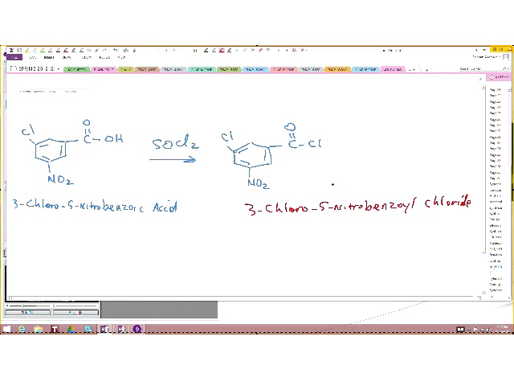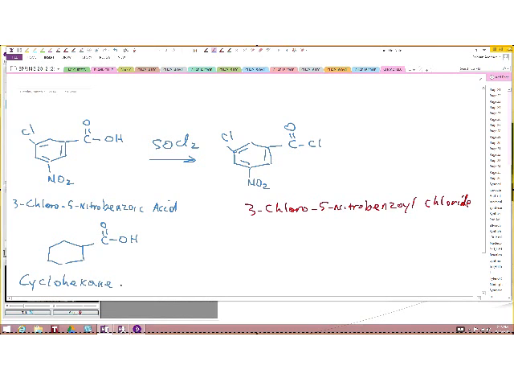Now, if you have an acid chloride in which the carbonyl is attached to a cyclic system, this will be slightly different from the rule that we've just given you. What will be the name of this acid here?